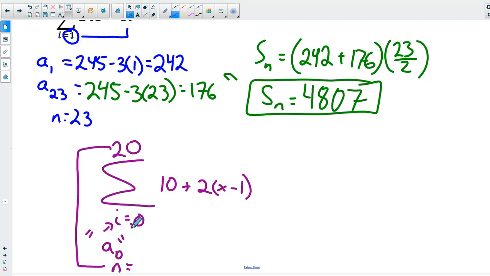I have 21, because I go 0, 1, 2, 3. It's always one more. So then this would be 21. Again, 90% of the time this is going to be a 1, and you're just going to take that 20 and drop it down. But for that 10% of the time that you might see it, or if you go to Algebra 3, you will see something like that. And in stats, they also do a little bit more with that. So I just want you to see it at least once.